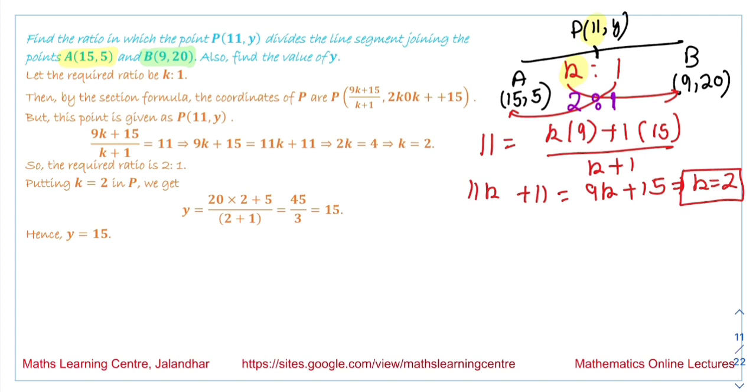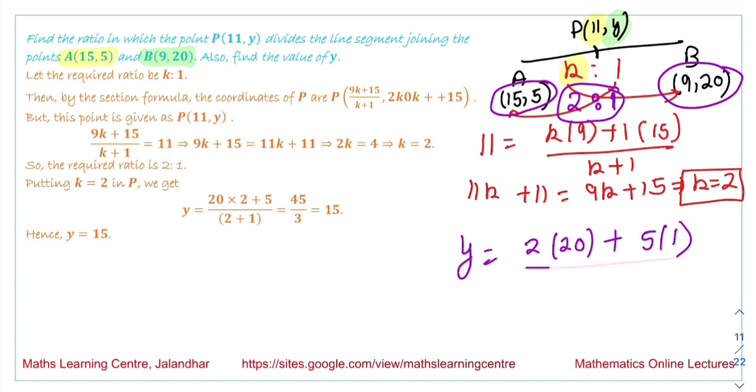Next we have to calculate the value of y. The y coordinate will be, since the points are divided in the ratio 2:1, 2 into 20 plus 5 into 1 over 2 plus 1, that is equal to 45/3, and this is equal to 15. So the value of y is 15.